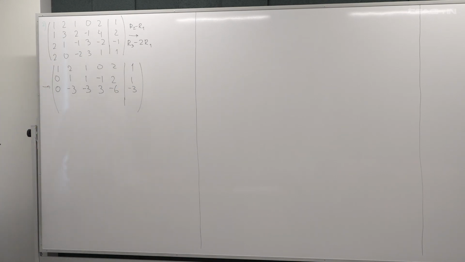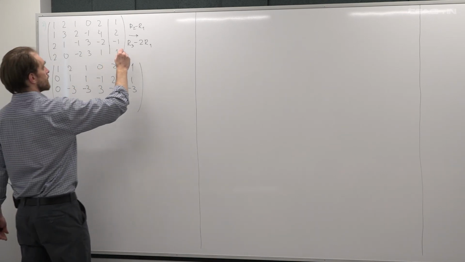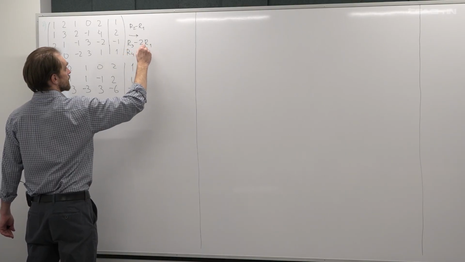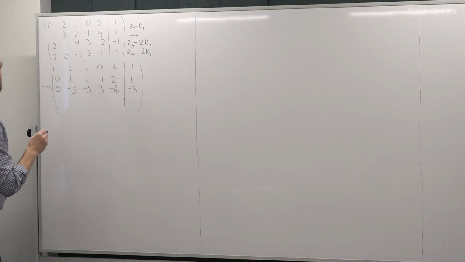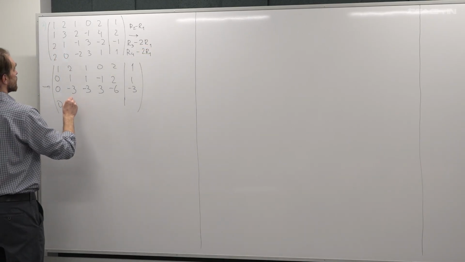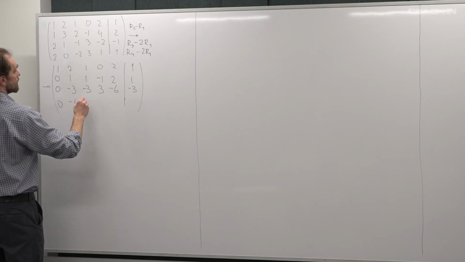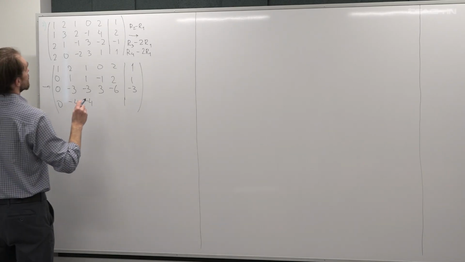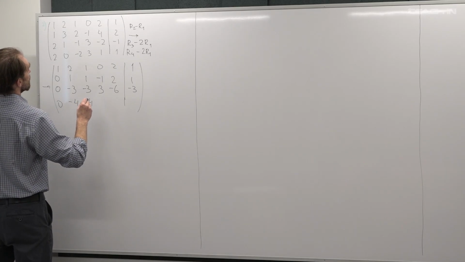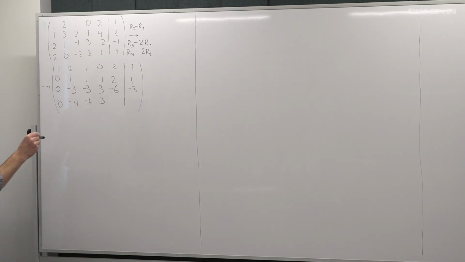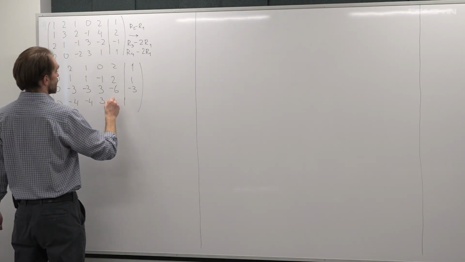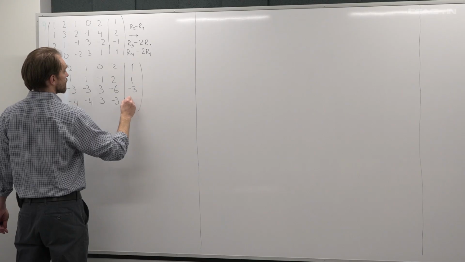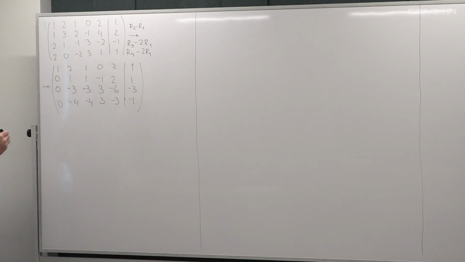Okay, so this is the third row, and finally we're going to subtract the first row multiplied by 2 from the fourth one. So we get 0, minus 4, then minus 4, then 3, then minus 3, and minus 1. So I hope that's correct.